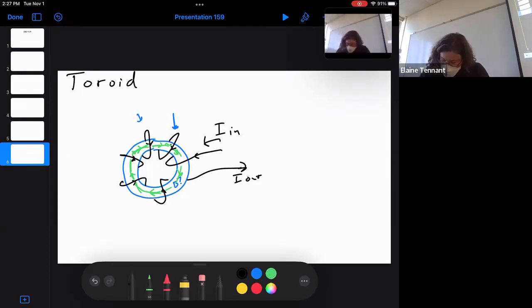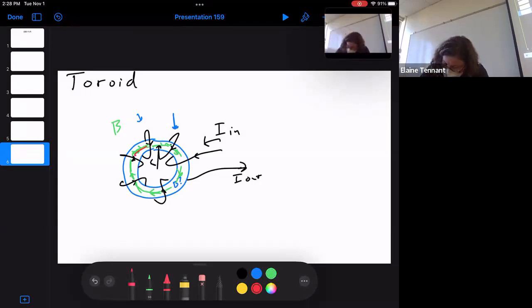Given that we have this circle, that means I should probably give us a radius like that. And so my magnetic field's in green. Let's go ahead and lay down our imaginary loop. And we just lay it down right on top of our magnetic field.